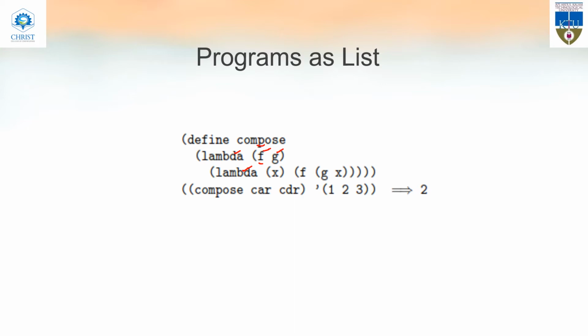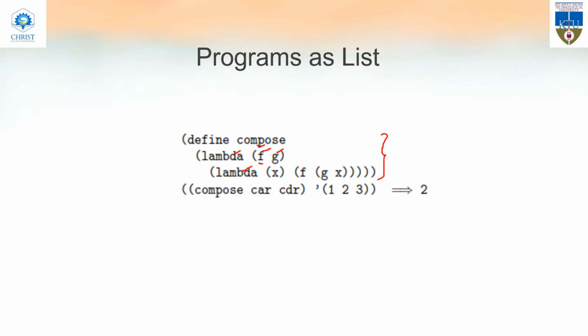This lambda function has one argument, that is x, and it will return f of g of x. Okay, f of g of x. So that's all about this function.